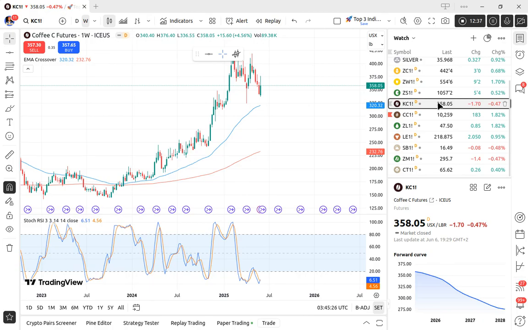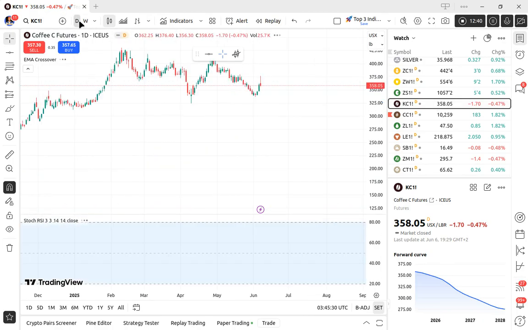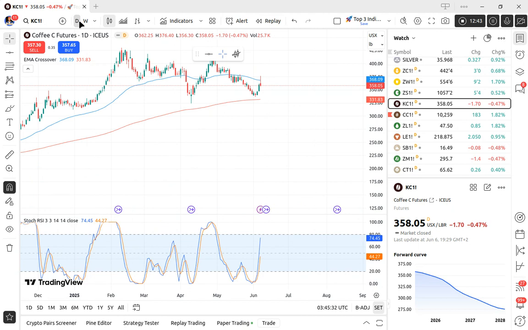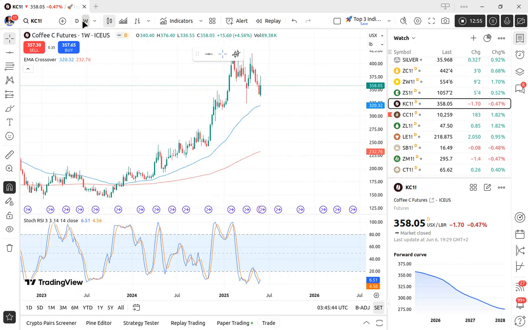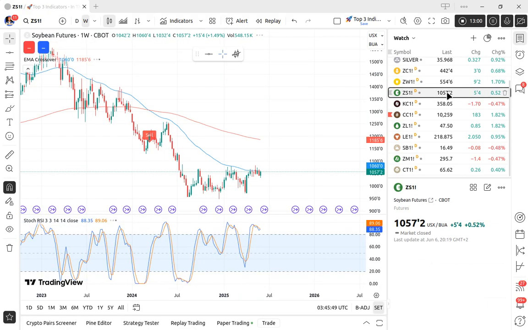Okay, so we have something in coffee. So let's check the daily chart. All right. So if it was in an oversold zone, then we would have bought coffee. But right now, coffee is only activated on the weekly chart.